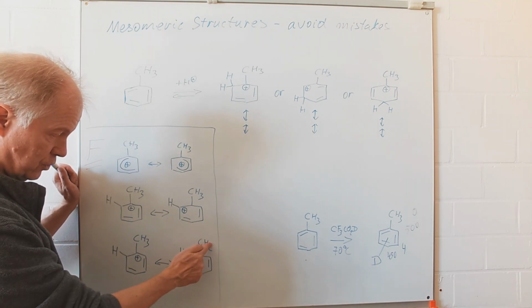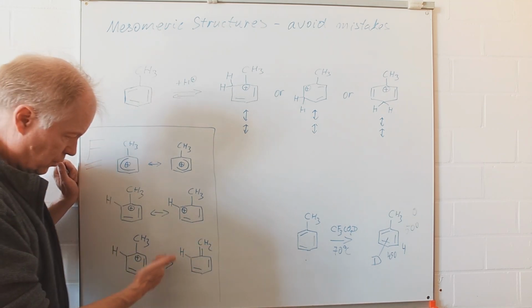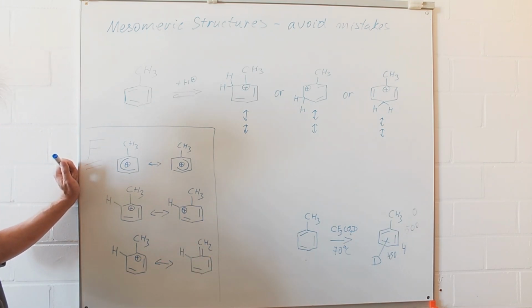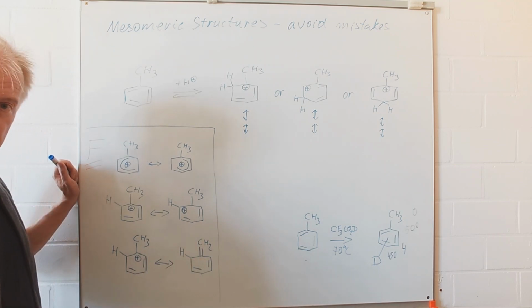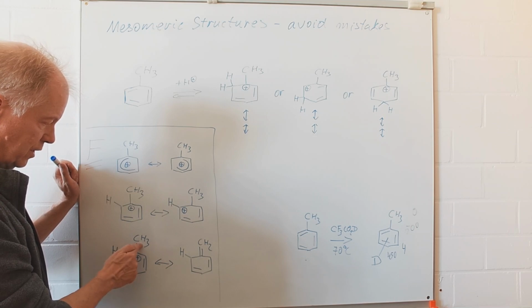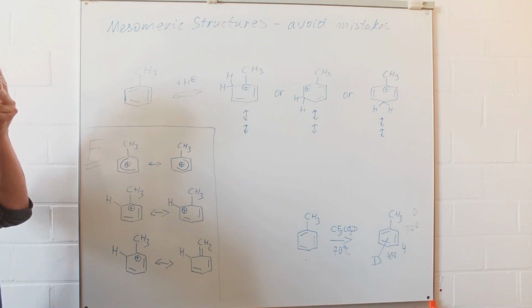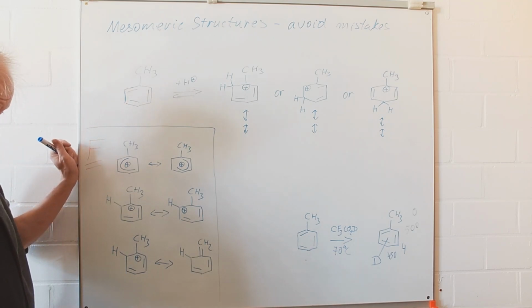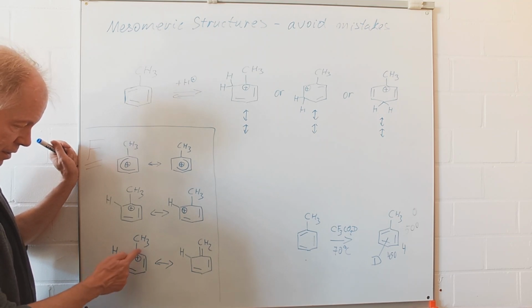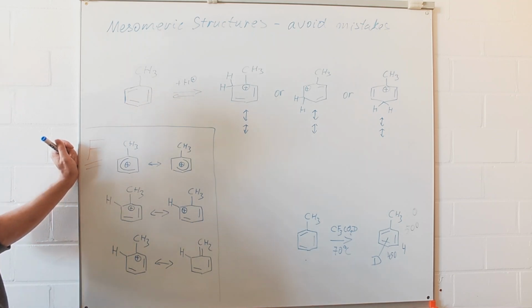Therefore, one hydrogen has to be skipped from 3 hydrogens to 2 hydrogens. But this is also not a mesomeric system. Well, it is a deprotonation. This would resemble a deprotonation at the CH3 group, forming an exocyclic double bond, which is certainly far less stable than deprotonating here and going back to the aromatic system.